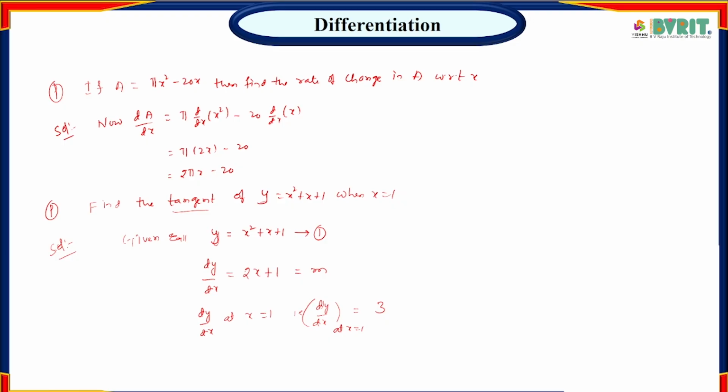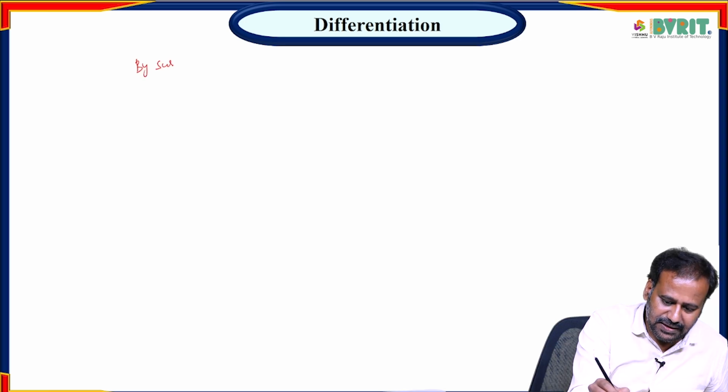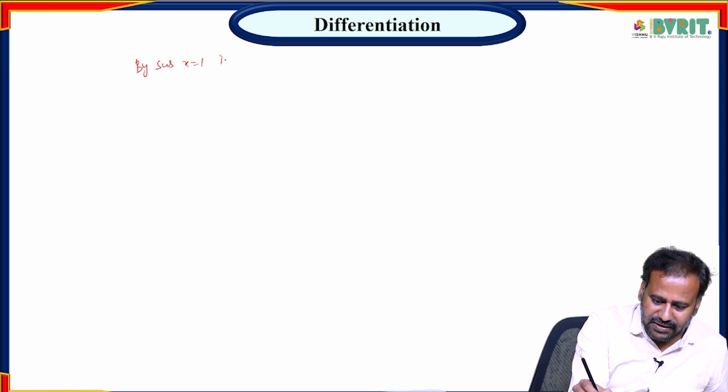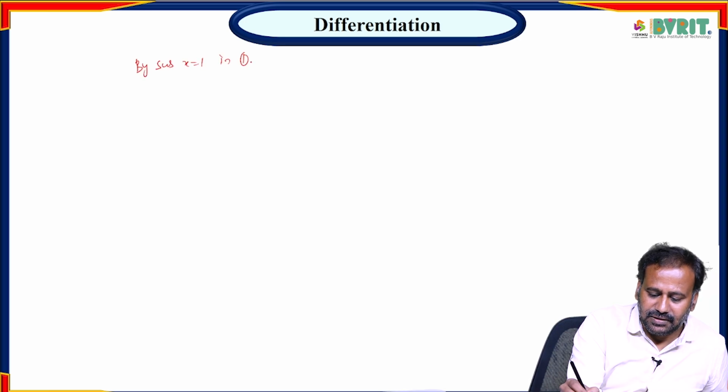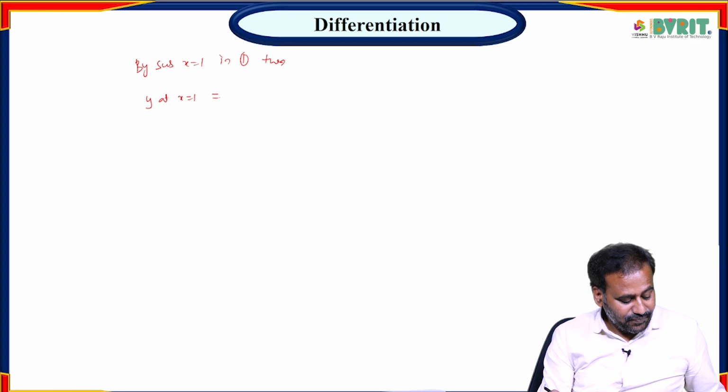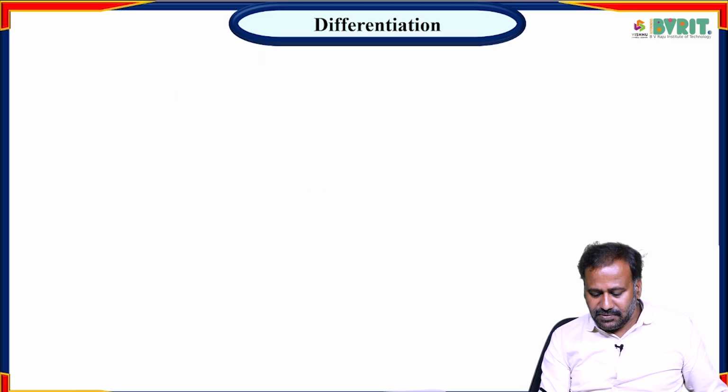Next, let me calculate the value of y at x equal to 1. That means let me calculate the y1 value by substituting x is equal to 1 in equation 1. Then y at x equal to 1 equals, so let me come back to the equation.